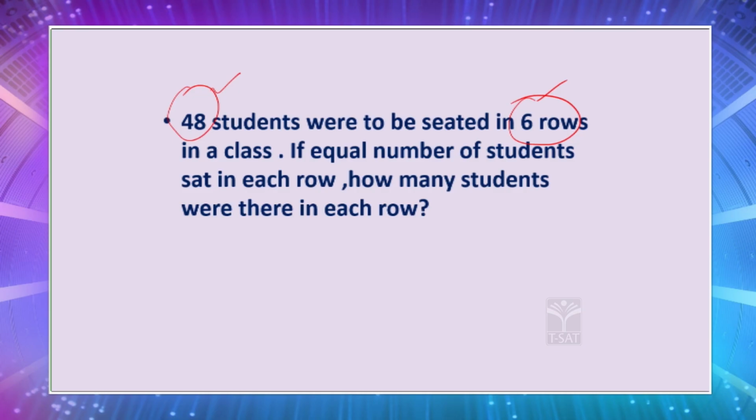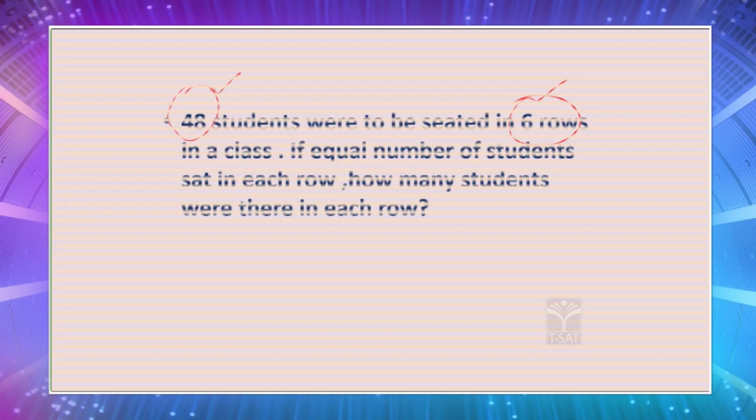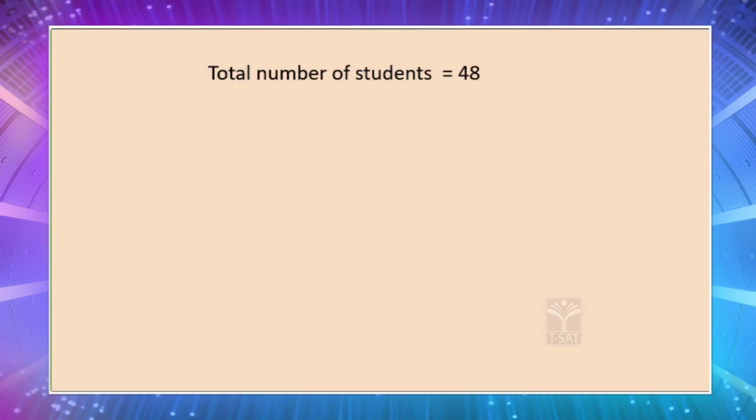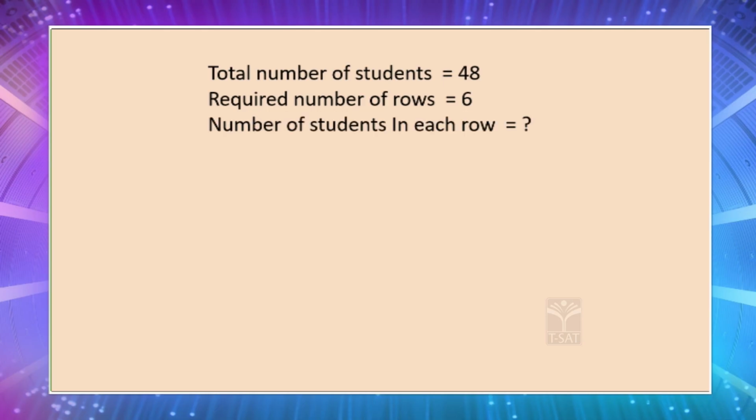48 students were to be seated in each row. How many rows are given? 6 rows. So, in 6 rows, how many students were there in each row? See, the total number of students is 48. The required number of rows is 6. The number of students in each row we have to find. This is the data.